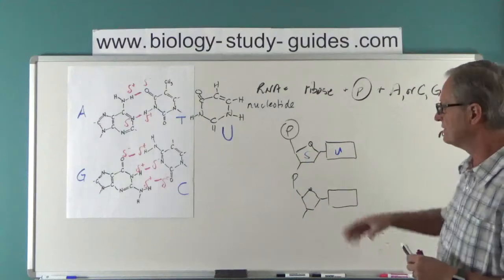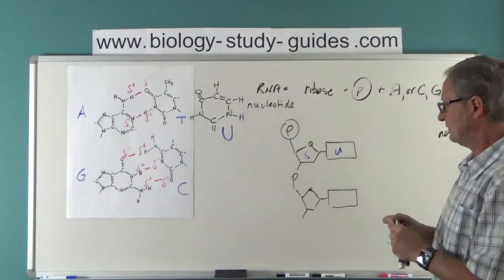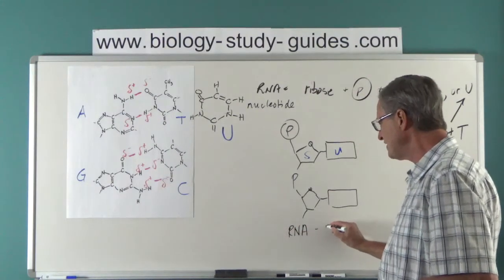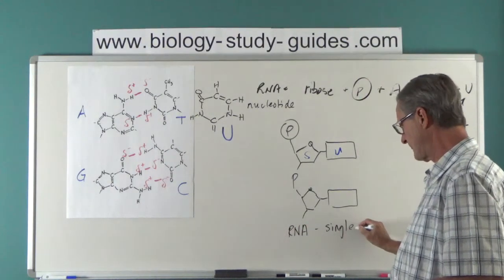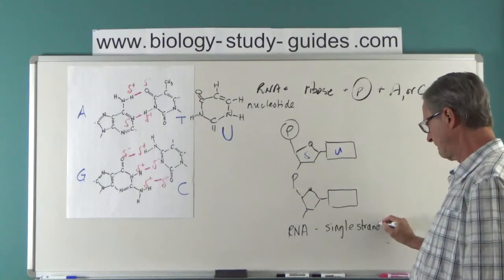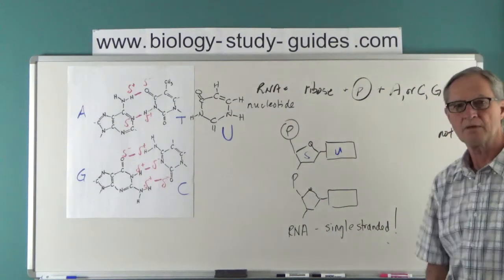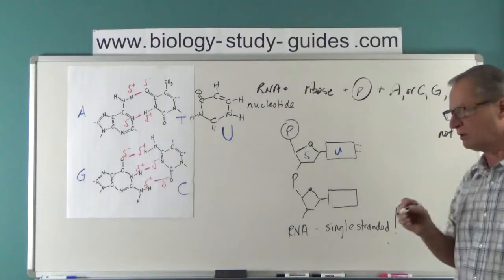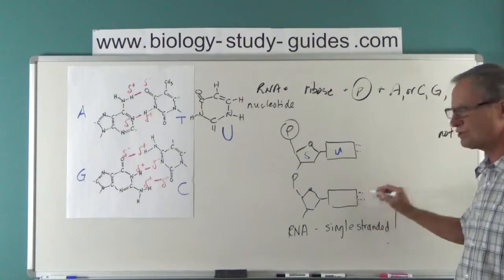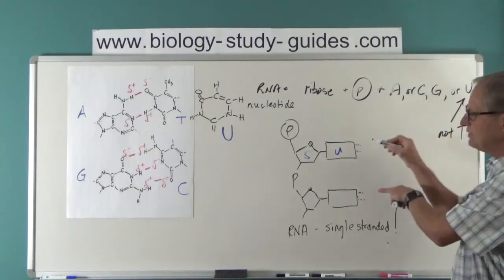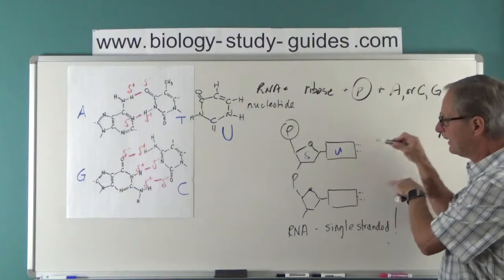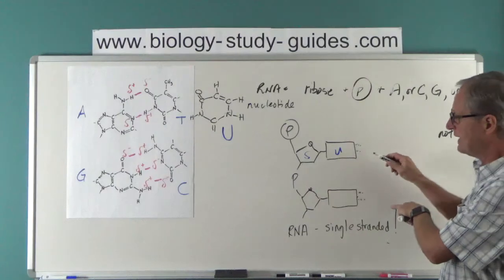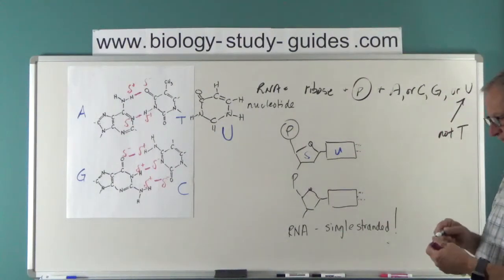A key difference here is that RNA, which is what this one's representing, is single-stranded. Critical, because sticking out from here is the potential for hydrogen bonding on these bases, but they're not bonded to anything. These things are active molecules and they play a role in protein synthesis. That's a different topic, but right now we're just looking at the structure of these things.